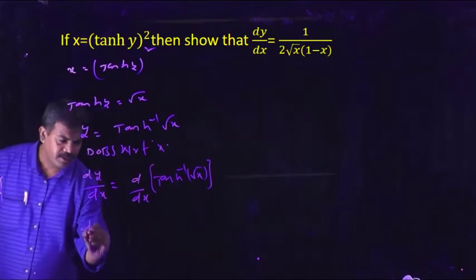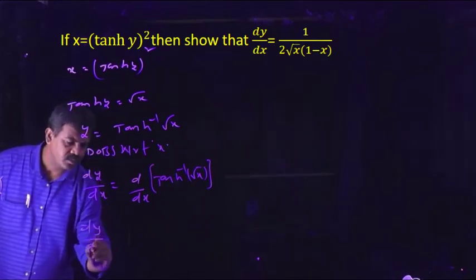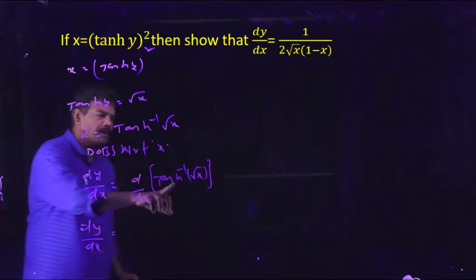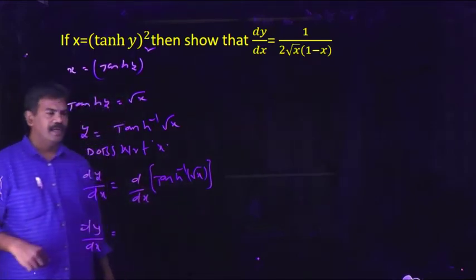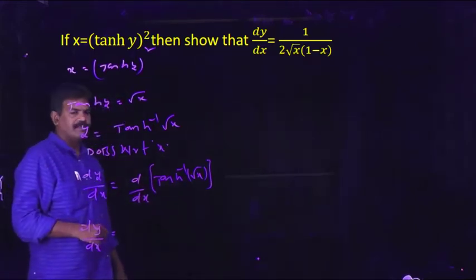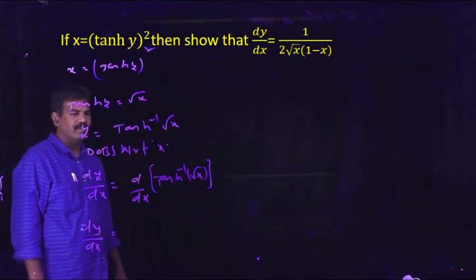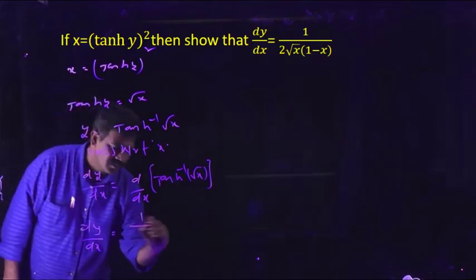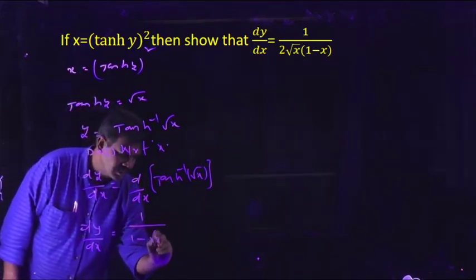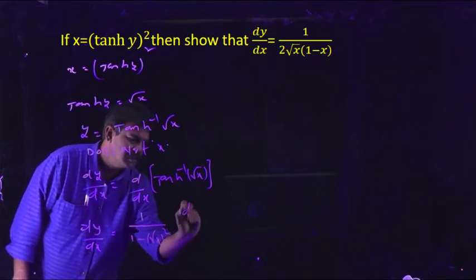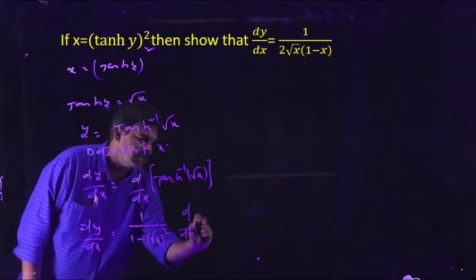dy by dx is equal to, it is in the form of tanh inverse x. Already we know the formula for tanh inverse x, that is 1 by 1 minus x square. It is 1 by 1 minus root x whole square into derivative of root x.